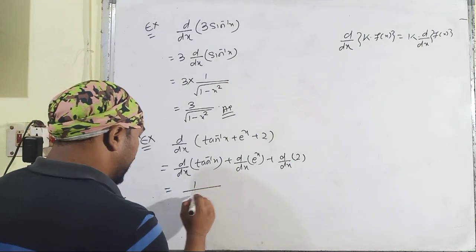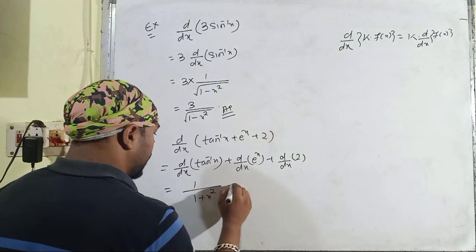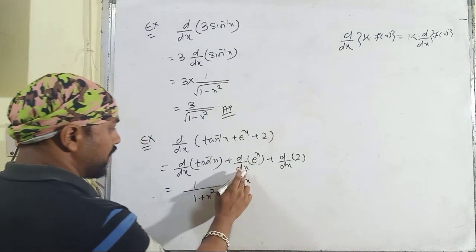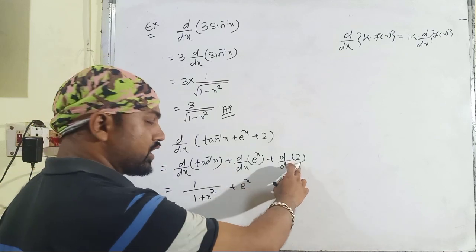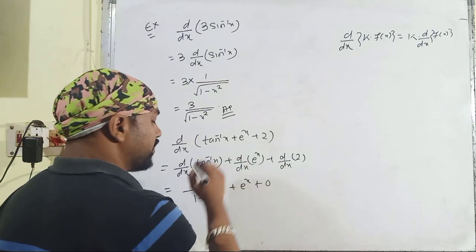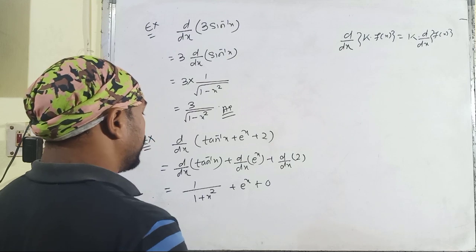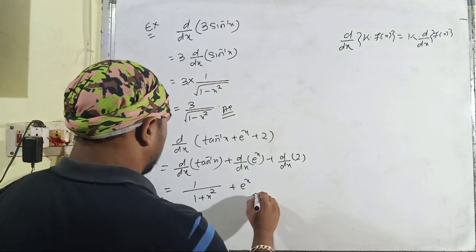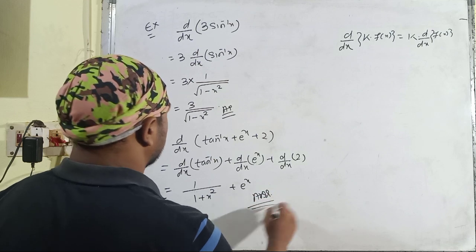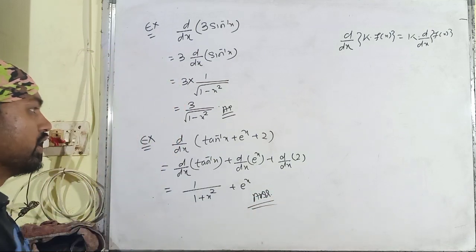So it will be 1 upon 1 plus x square plus differentiation of e to the power x with respect to x, which is e to the power x. Then as 2 is a constant, its derivative will be 0, so no need to write down this 0 here. The answer is here for you, and this is the answer for problem number 2.